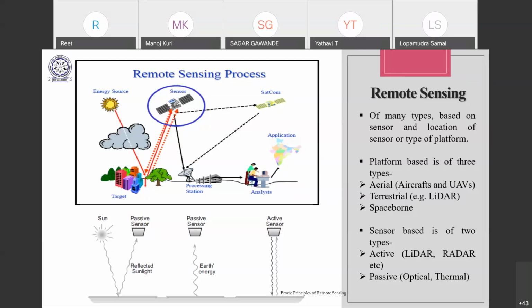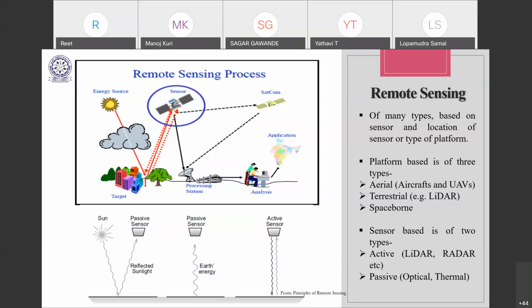So this is a usual flow chart of how we do different types of correction. First, using the electromagnetic energy, we collect the real world data with the sensors. Then steps 3, 4, 5 say that we have different types of sensors and platforms.